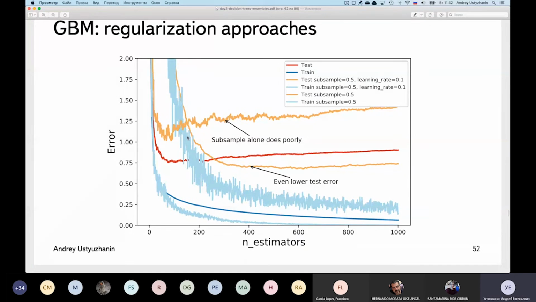With the shrinkage, what we get here is more shaky training or learning curves, but it is eventually getting to a much lower error.